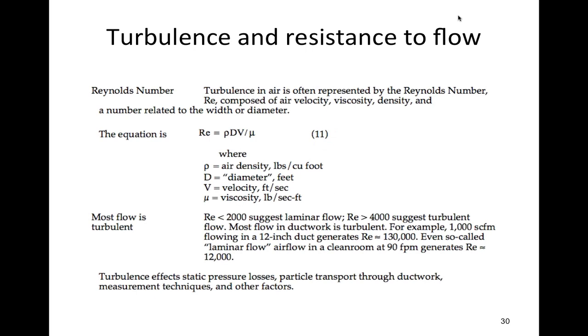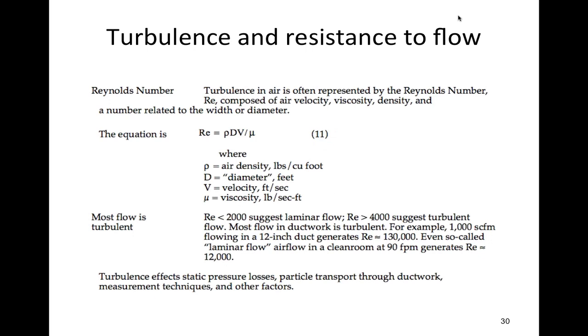We have some formulas for doing that, but to make a long story short on the Reynolds number, let me give you an example here. Most flow duct for 1,000 cubic feet per minute of air flowing in a 12-inch duct generates a Reynolds number of 130,000.